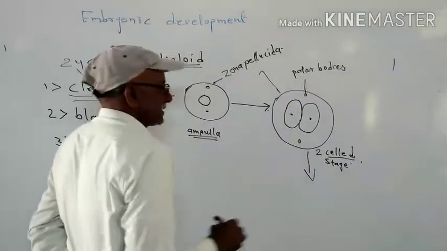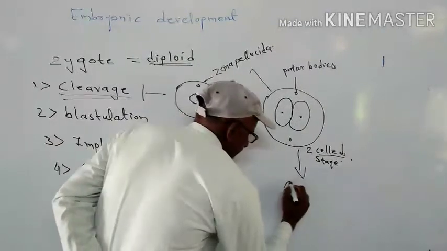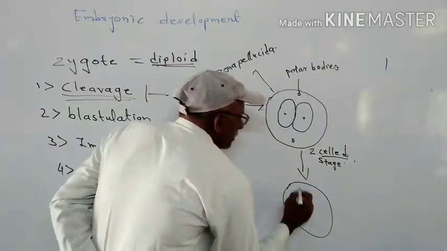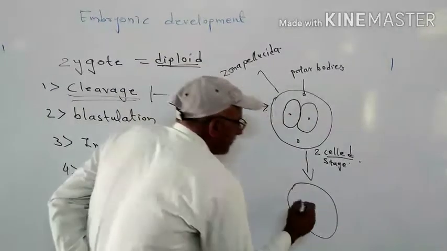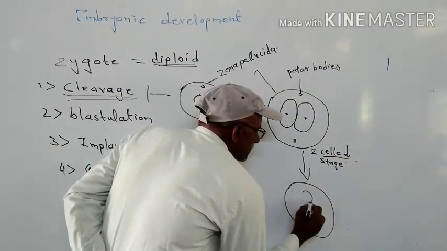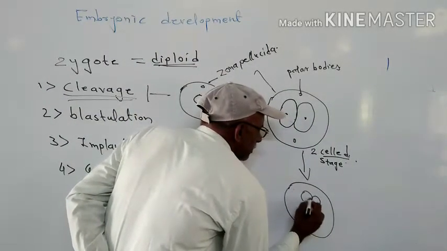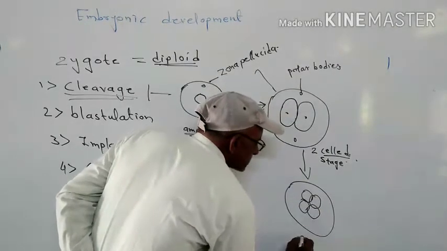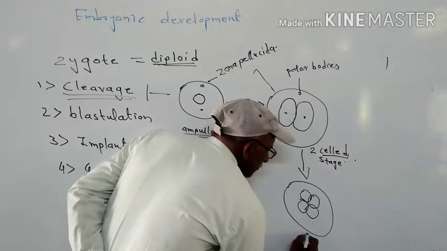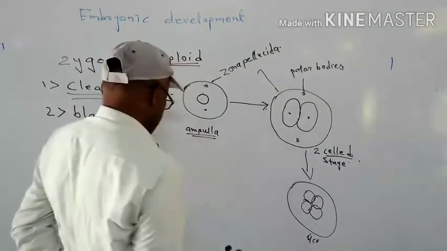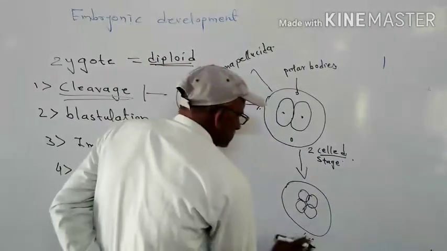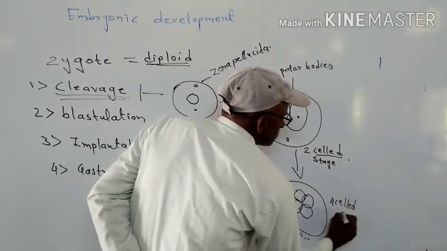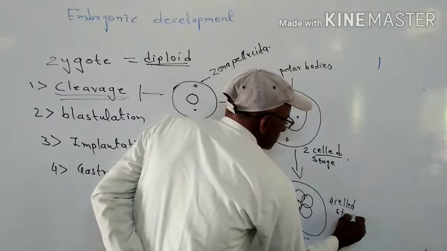Then after this, again there is a division at the right angle of the first division, and 4 cells are formed. This is the 4-cell stage.